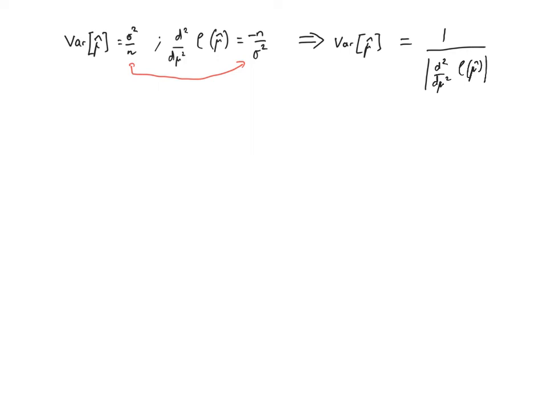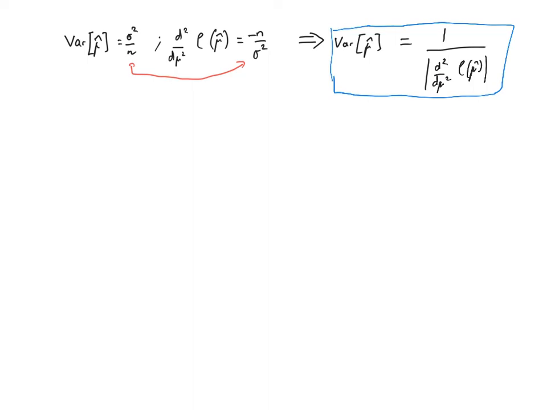So the absolute value gets rid of the minus sign, and the 1 over turns the n over sigma squared into sigma squared over n. So that's a fact that applies in this case that has implications in the theory of maximum likelihood estimation. And now we can think about the relationship with confidence intervals.